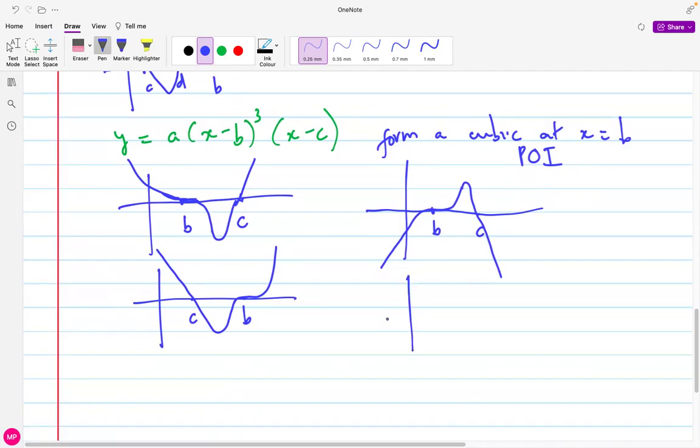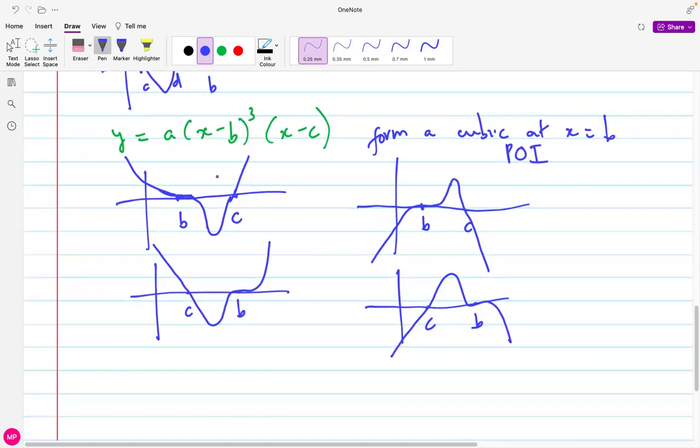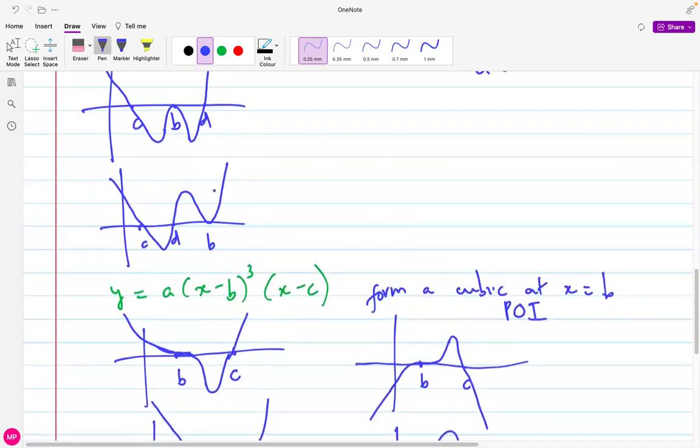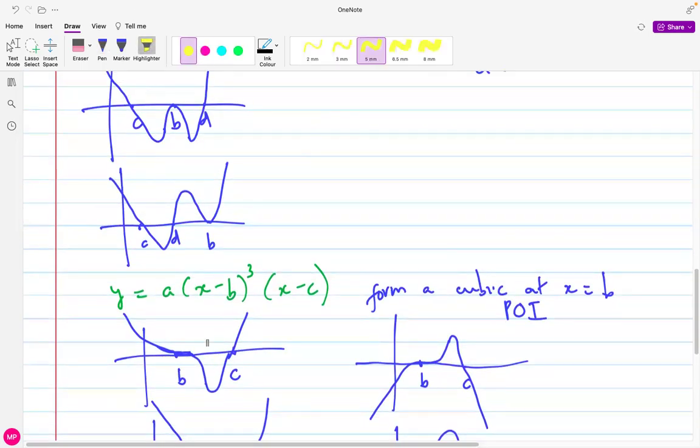Similarly, if I have c here and b here, then I go to the c, cut it, and then I go to the b, and I need to form a cubic like that. So the point is, if you see a cube anywhere, you form a cubic at that point. Okay, so that's pretty much for the different forms of factorized quartics.